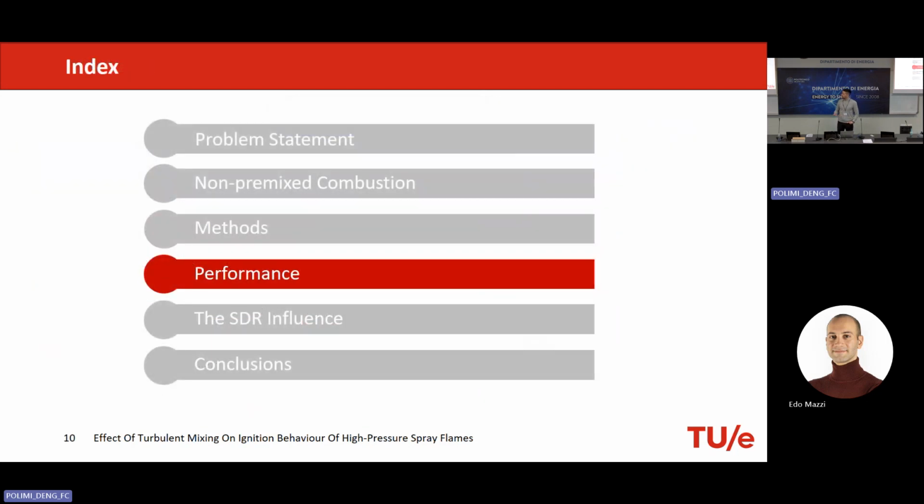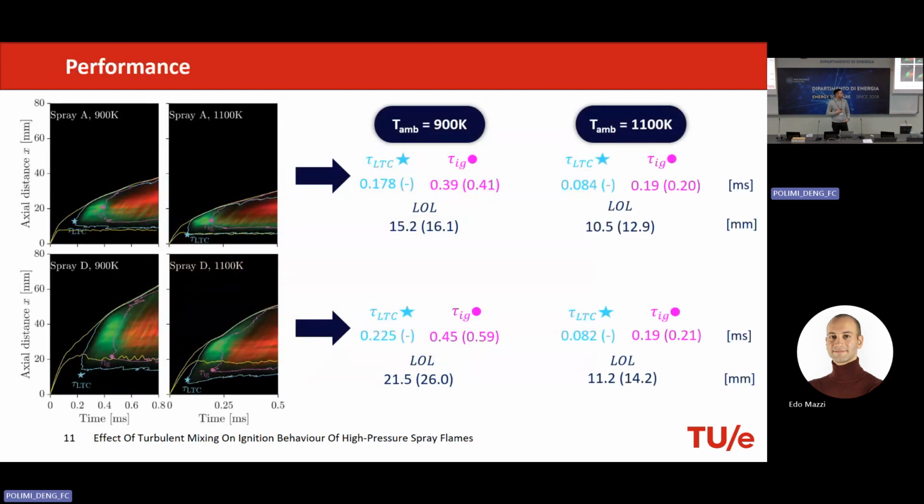And as far as the performance goes, we evaluate the performance in terms of ignition delay time and lift-off length. Of course, the ignition delay time can be divided into the ignition delay time of the low temperature combustion and high temperature combustion, which are reported here.